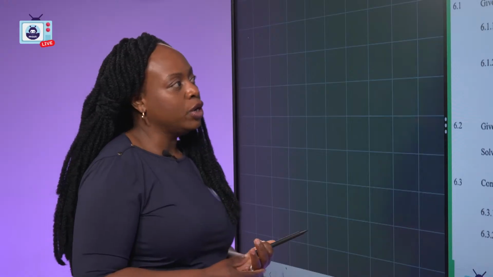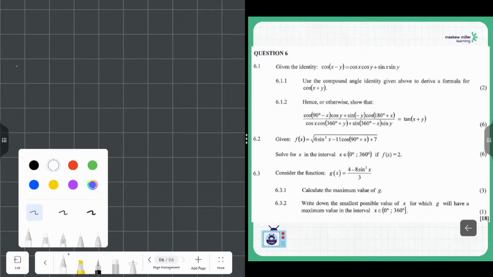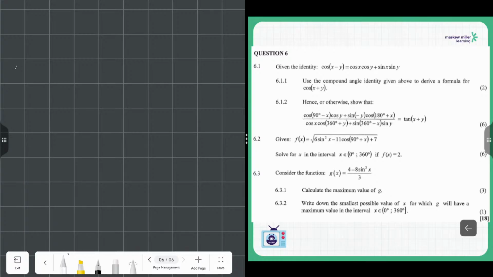In this question, we're told that we are given an identity of cos(x minus y) equals cos x cos y, and so on. In all my teaching and marking experience, I have literally never seen them ask this kind of question.